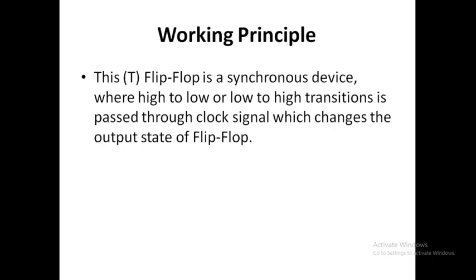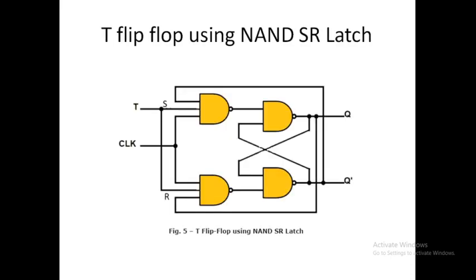So, working principle: this T flip-flop is a synchronous device. This is a T flip-flop using NAND SR latch, right? If output Q is 0, the above NAND is enabled and the below one is disabled, right?